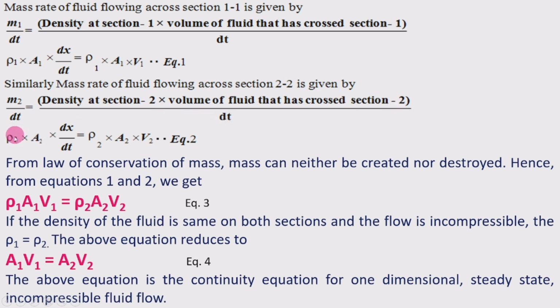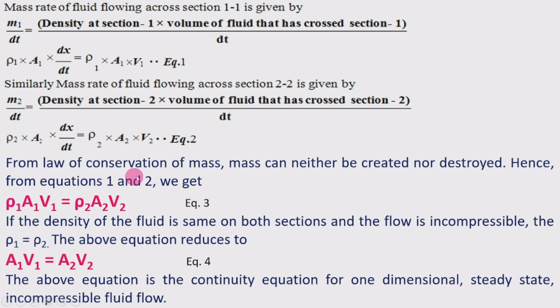We can write density at section 2, ρ2, multiplied by the cross-sectional area A2 multiplied by dx to get the volume, per time dt. The ρ2 A2 is written as it is, and the dx by dt term is the displacement per unit time at section 2, that is the velocity at section 2, V2. Then this becomes ρ2 A2 V2, and that is taken as equation 2.